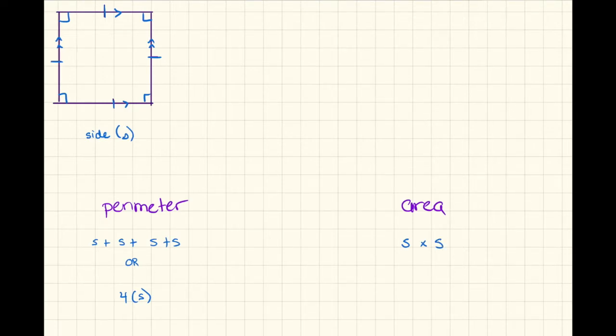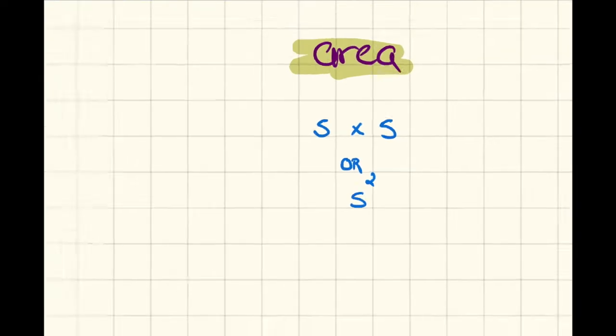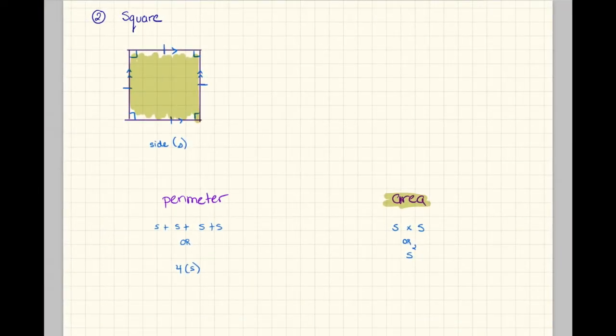That'll give you what's on the inside, right? That's the area is what's on the inside. But you could also change this in an exponential form. S times S is the same thing as S squared. Both would work. So those are your two options for area and your two options for perimeter when it comes to a square.